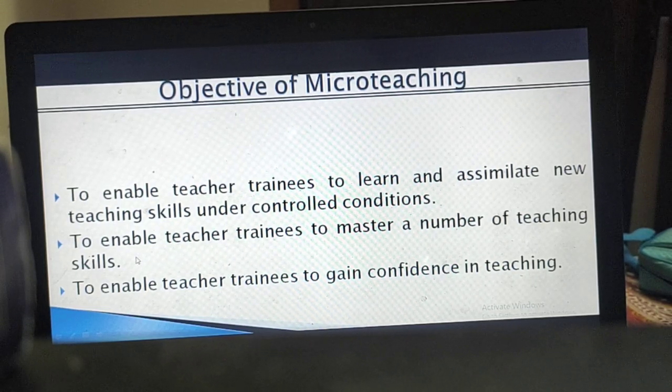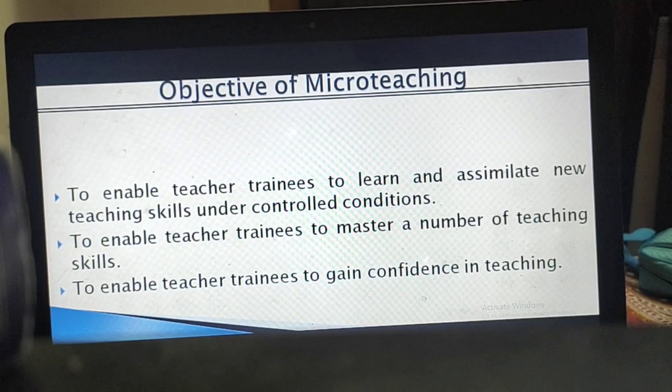To enable the teacher trainee to master a number of teaching skills. When the teachers practice the defined types of teaching skills again and again, they become a master of those teaching skills.